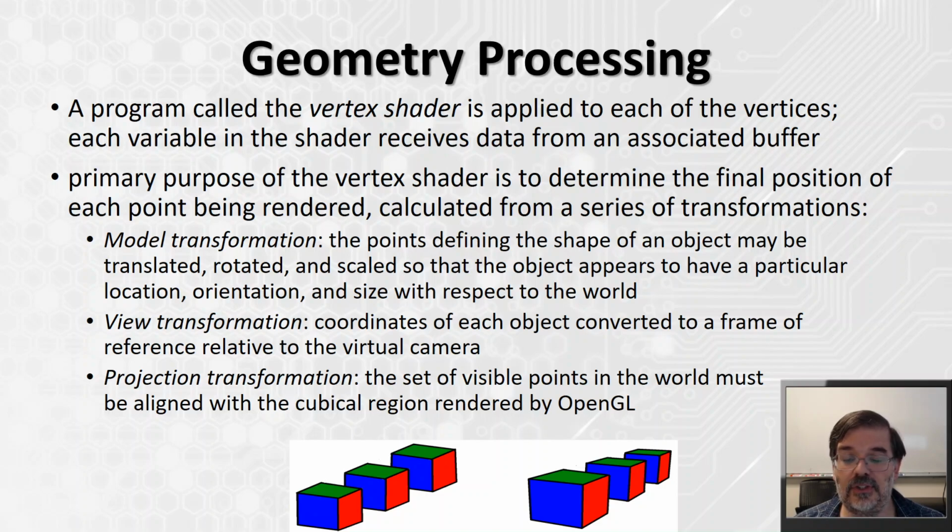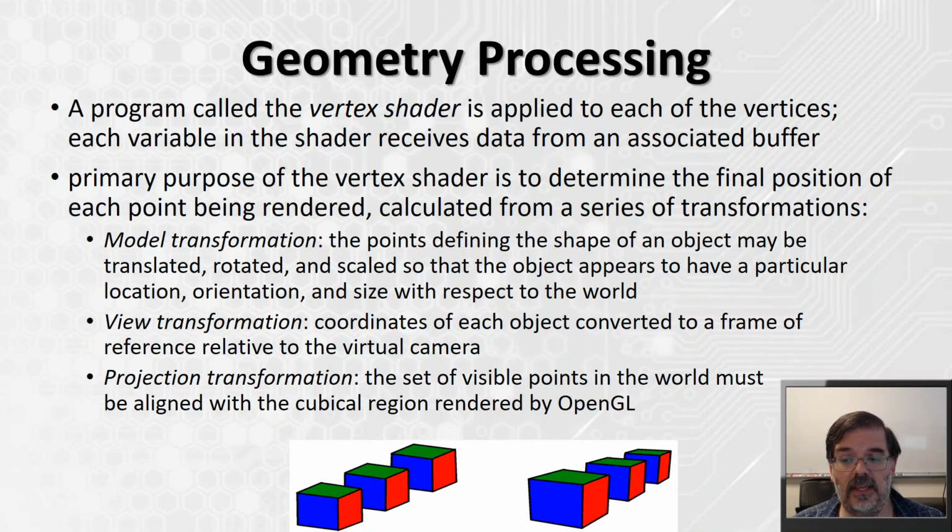First, the collection of points that determine the intrinsic shape of an object might be translated or rotated or scaled so that the object appears to occupy a particular location and orientation and size with respect to a virtual 3-dimensional world. This process is called the model transformation, and coordinates that are expressed from this frame of reference are said to be in world space.